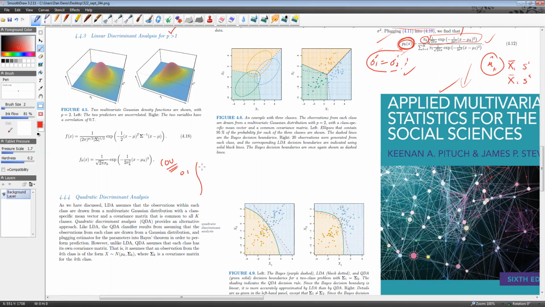So you have x1 and you have x2. These two variables now jointly are trying to classify between groups. So what it shows here is the multivariate Gaussian density for p equal to 2. In this case, the predictors are uncorrelated.